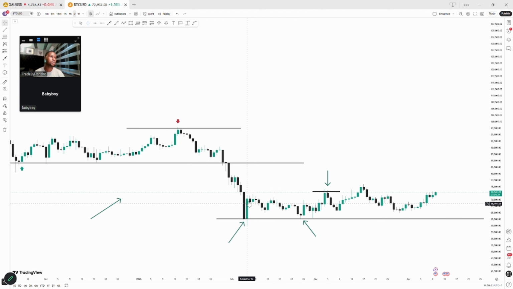So the buyers pushed the price back up, then the sellers over this level pushed the market back down to this level. These buyers now pushed the market back up to this level. Now this level that these buyers pushed the market back up to, they have caused something to happen. Now don't forget that this place is for sellers.